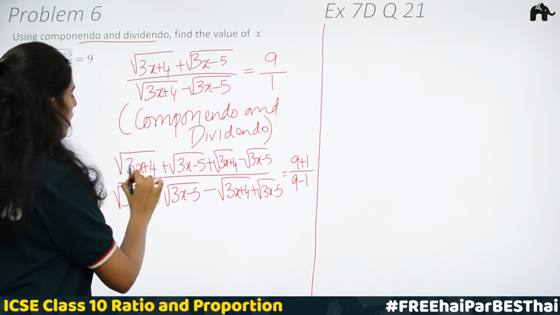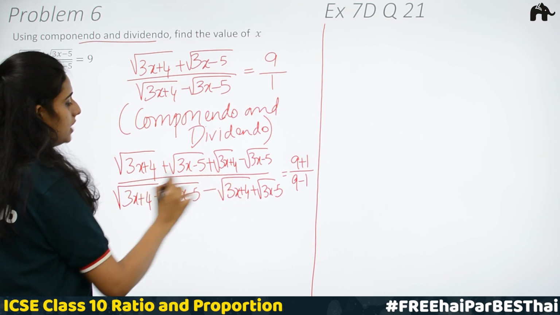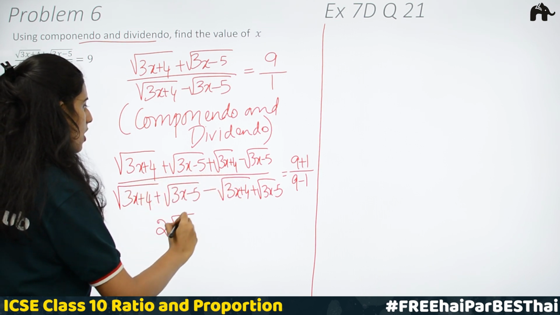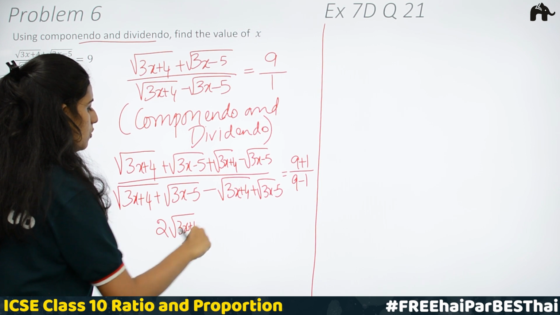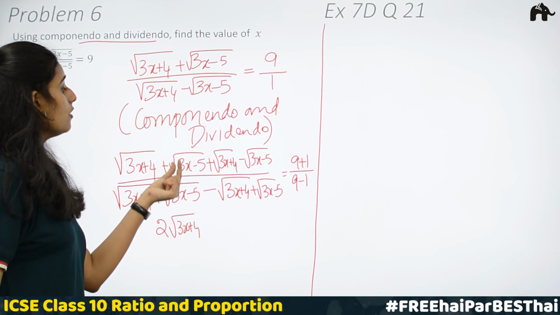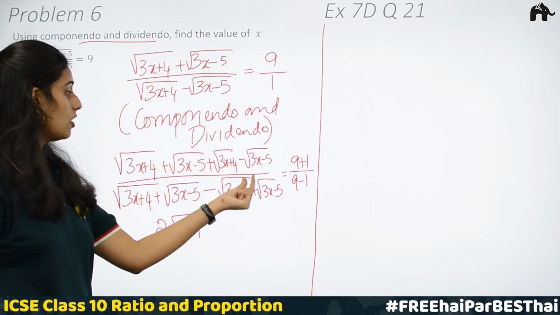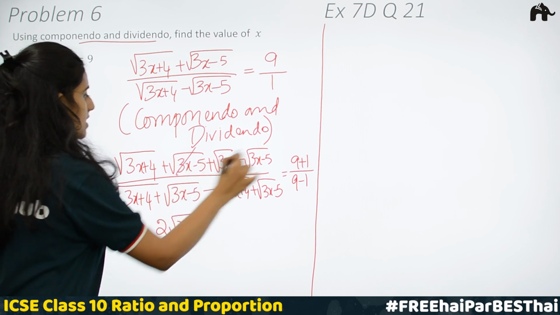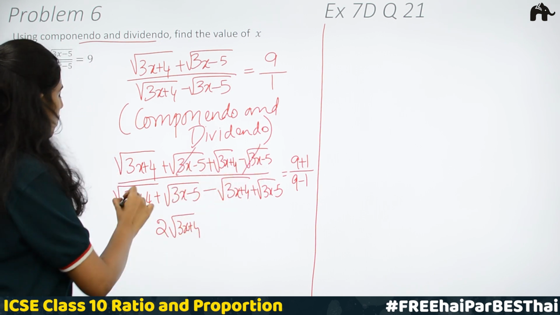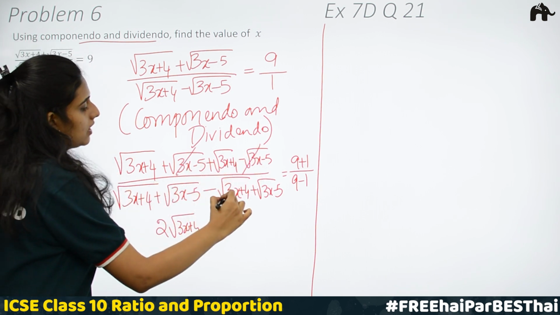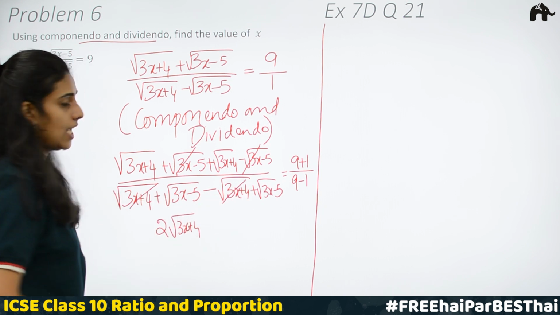Okay. Root of 3x plus 4 plus root of 3x plus 4 becomes 2 root of 3x plus 4. Other terms, root of 3x minus 5 minus root of 3x minus 5, they can be cancelled. Here similarly, root of 3x plus 4 and minus root of 3x plus 4 can be cancelled.